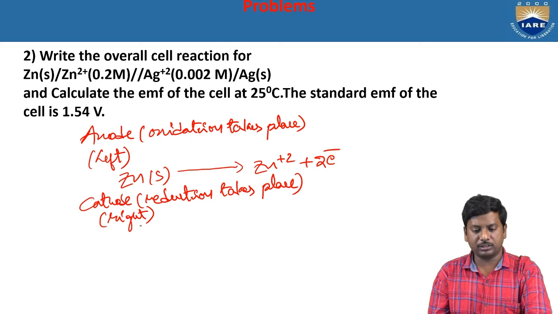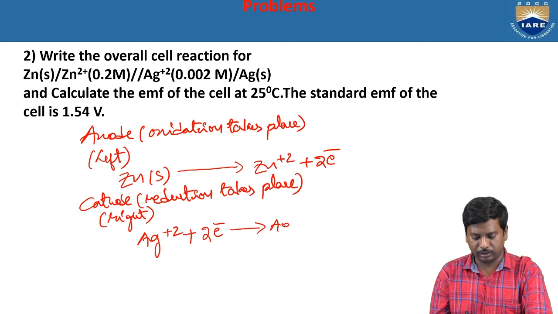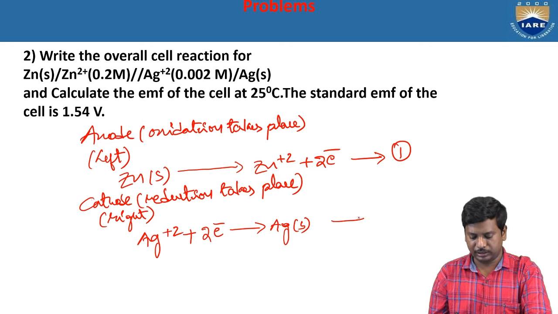From the equations, at the cathode it is silver plus 2, which should absorb the 2 electrons lost by the previous reaction. So plus 2 electrons, we got silver solid. This is considered as equation 1 and this is considered as equation 2.